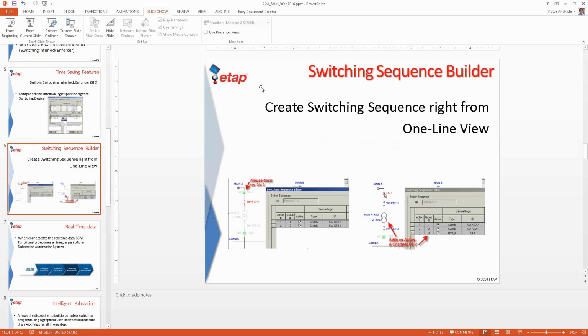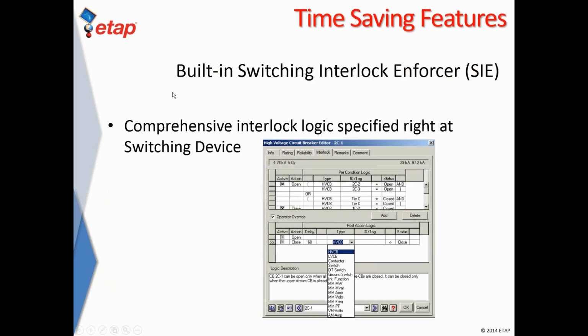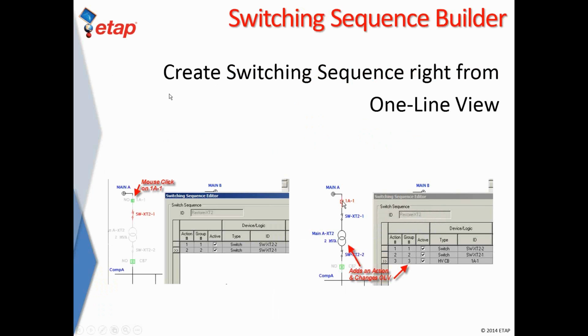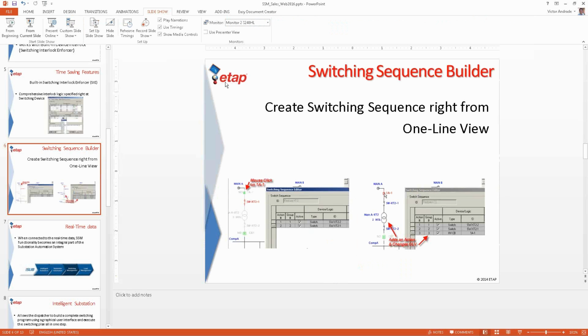One of the things that I wanted to introduce at this point, which is also part of the features of the SSM module, is that you can actually create these switching sequences right from the one-line diagram. So you can graphically add actions to the switching sequence editor, verify them visually, and then step through the switching sequence procedure.